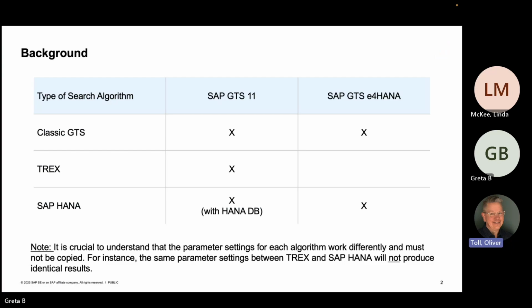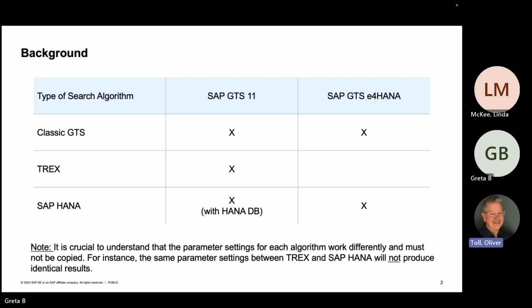I think you're aware that in SAP GTS 11, we did offer 2 standard and 1 optional search algorithm. There was the classic GTS search. We did have T-Rex and finally the HANA search, which was already available even in GTS 11, but it only worked in connection with a HANA database.